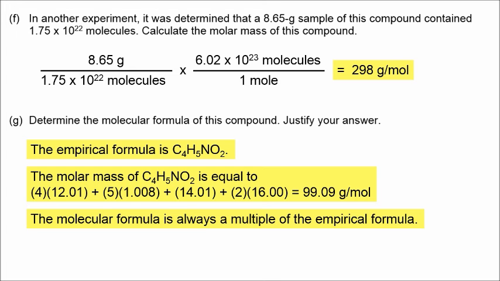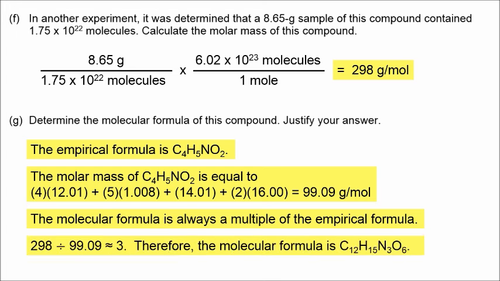Since the molecular formula is always a multiple of the empirical formula, even when that multiple happens to be 1, we're going to divide the molar mass by the empirical formula mass. In this case, we get 3, so therefore C4 now becomes C12. H5 now becomes H15, and NO2 now becomes N3O6.